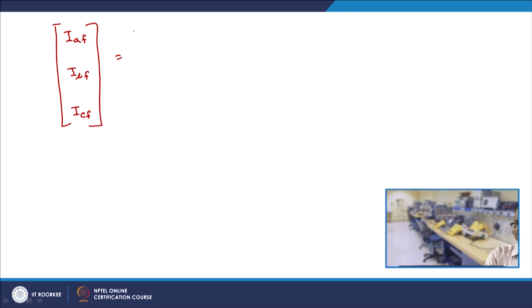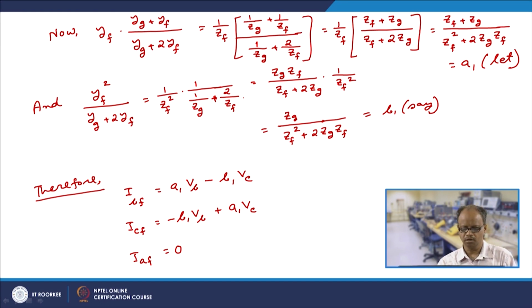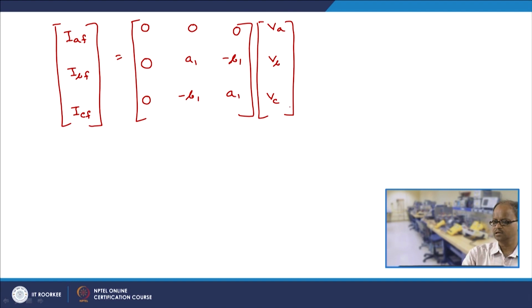Therefore IAF, IBF, ICF, that is IF, is equal to a matrix times VA, VB, VC: the first row is all 0, the second row is 0, A1, minus B1, and the third row is 0, minus B1, A1. So this is nothing but Y fault.